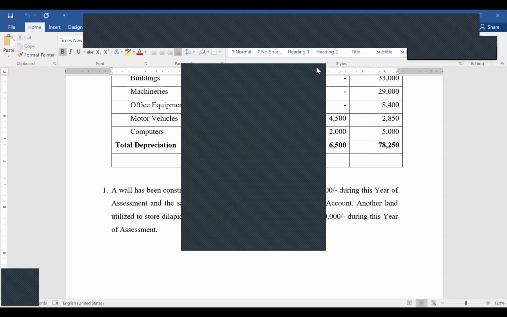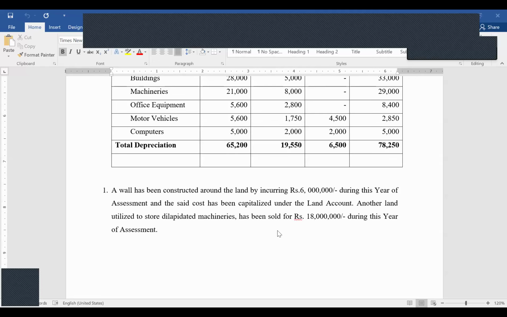So that is how we calculate the profit, since this is a business asset. What is the meaning of business asset? Business asset means a capital asset used for the business purpose. I think you can remember the definition for capital asset, because normally we call a land a capital asset. If that land is used for the business purpose, we call it a business asset.